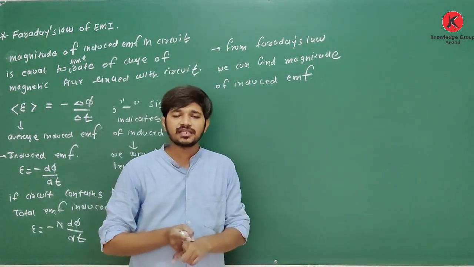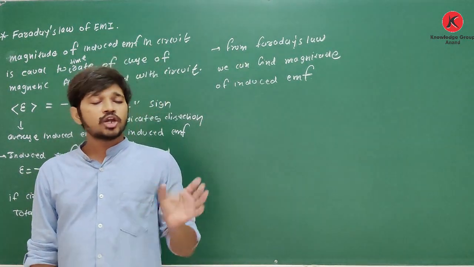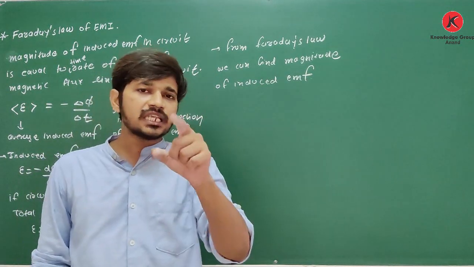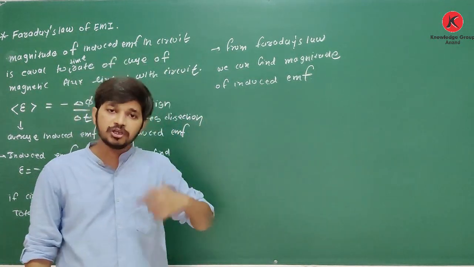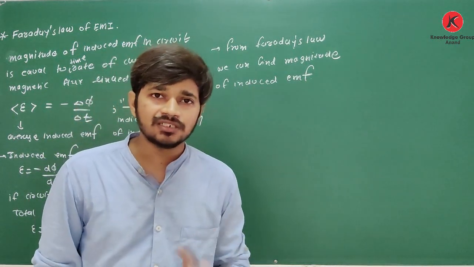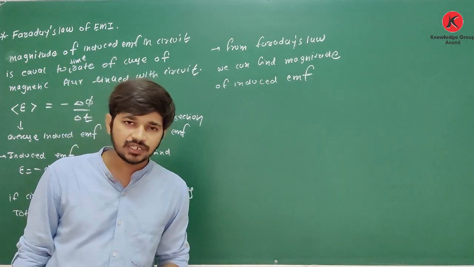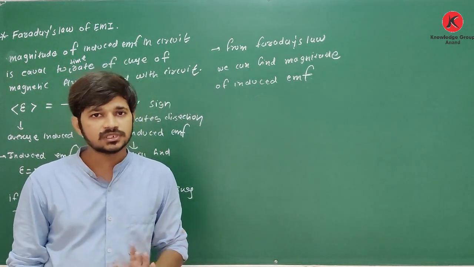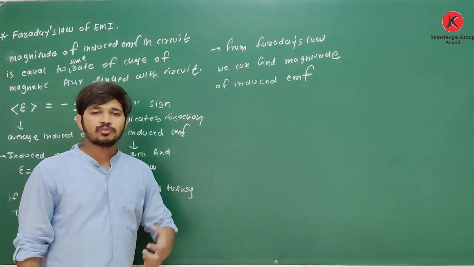Now you remember that star: not due to change in magnetic field, but due to change in magnetic flux, EMF is induced, and due to that current is generated. Clear about this? In the whole chapter we have to do one thing: due to change in flux, EMF is induced, current is produced. Simple. Okay? So yes, it is chapter number 6, electromagnetic induction.